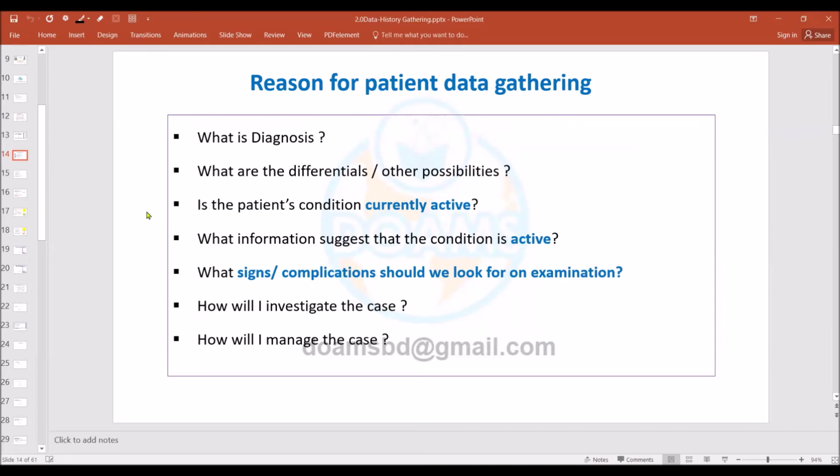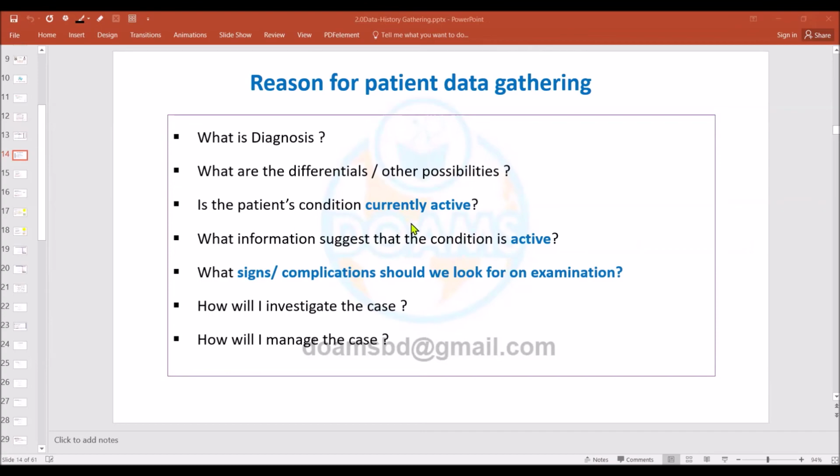But before going to the main discussion, what should be in our mind? What questions in our mind during the consultation? These are the questions we will try to get answered from the patient. It is already written here, even then I am reading for you. What is the diagnosis? What are the differentials? Other possibilities?